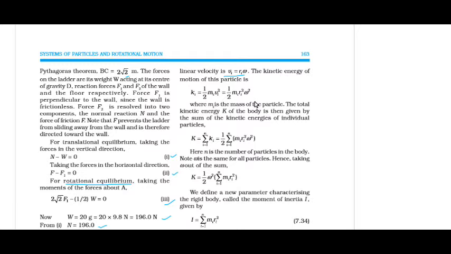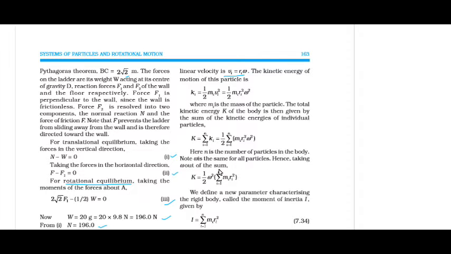The total kinetic energy K of the body is then given by the sum of the kinetic energy of the individual particles. So K is equal to the sum from i equal to 1 to n of Ki, which is half the sum from i equal to 1 to n of mi ri square omega square. Here n is the number of particles in the body. Note omega is the same for all particles.